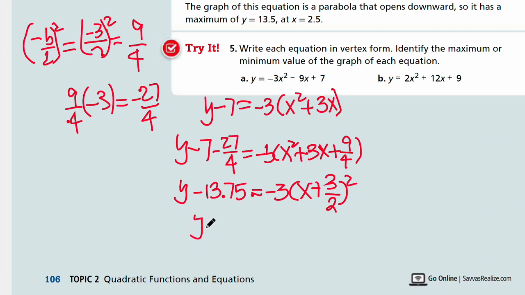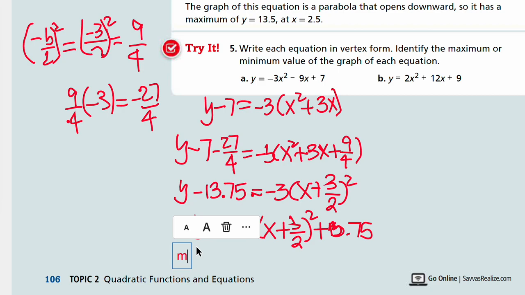And so your vertex form would be y equals -3 times x plus 3 over 2 squared plus 13.75. And then you're going to identify the maximum. I'm going to type because my pen is not working so well. Maximum is 13.75 when x is equal to -1.5.